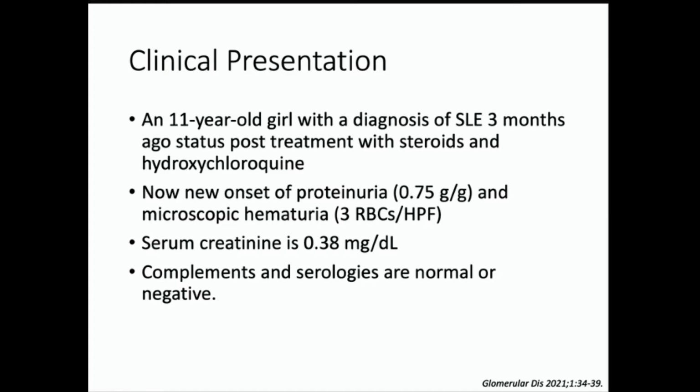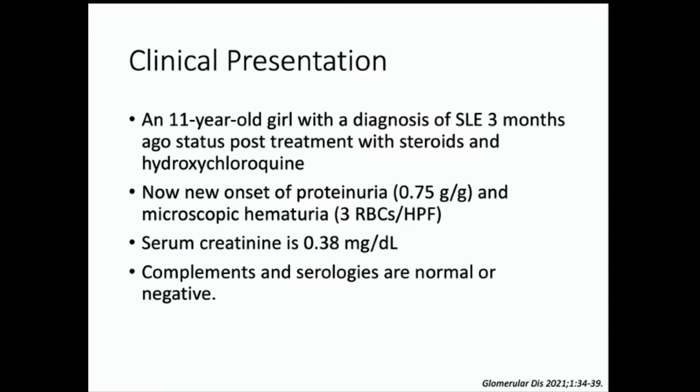Serum creatinine level is normal, complement levels are normal, and serologies have returned to normal compared with the serology at the time of diagnosis of lupus. So the concern is, does the patient have lupus nephritis? Because the patient has a clinical diagnosis of lupus.